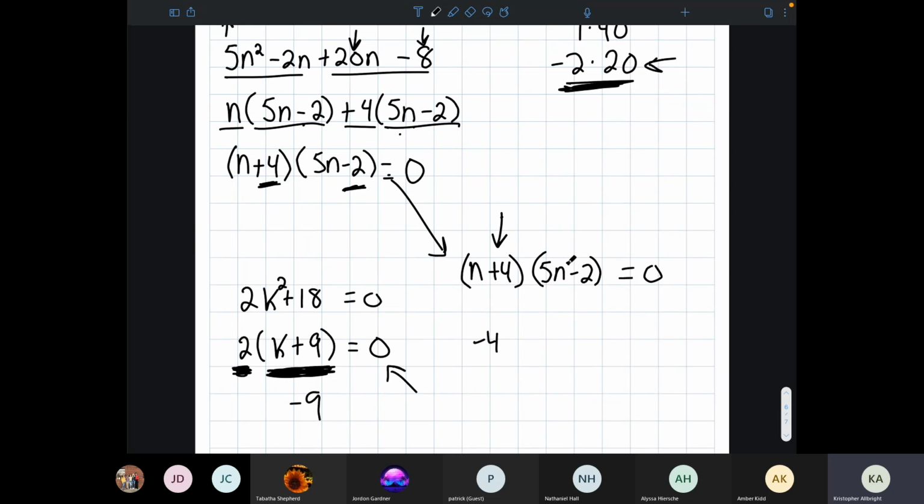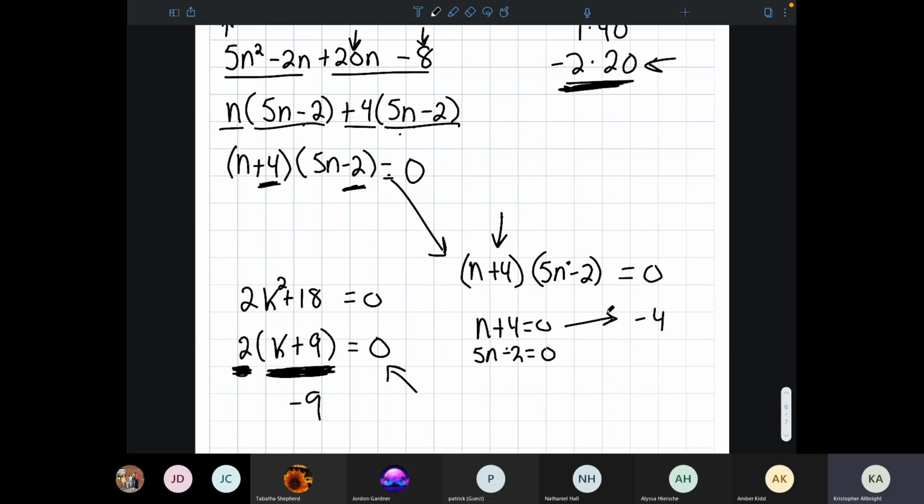So the way that we do this is we set each of these equal to 0 by themselves. n plus 4 equals 0, and 5n minus 2 equals 0. And we solve it down and try to get n by itself. Once we have n by itself, then we know what will give us 0 for each of these. If I do the second one, we already have -4 for this one.